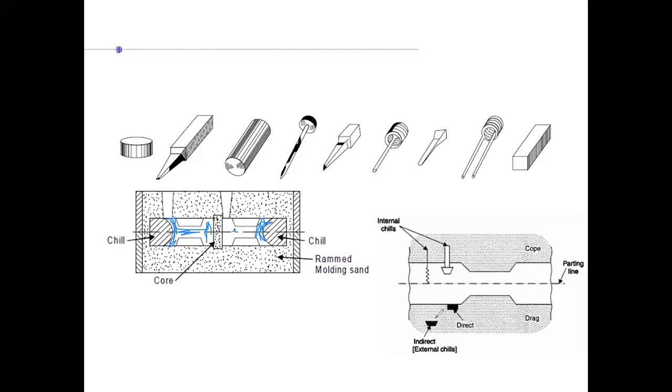Indirect has a lesser influence as compared to this direct one. But still, this kind of acts as a heat extraction component. Okay, so all these are kinds of chills you can see, depending upon requirement and the geometry of the casting that we are trying to cast.